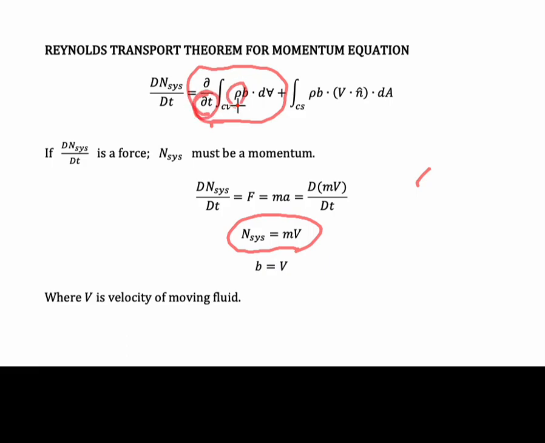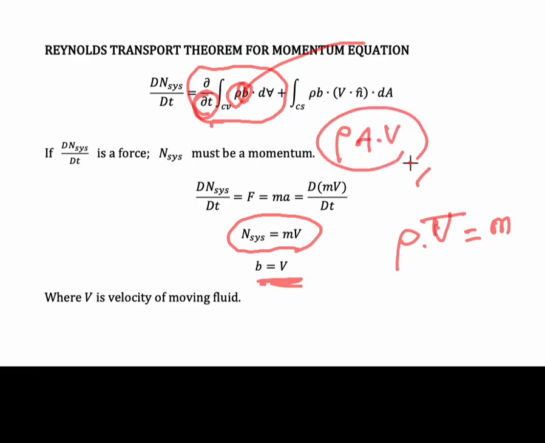And we know that rho and volume here is actually equal to mass. It means that the b here must be velocity. And then again here, rho A and V is the mass. And then we need to make sure that the b here is velocity, because we want to calculate the momentum.